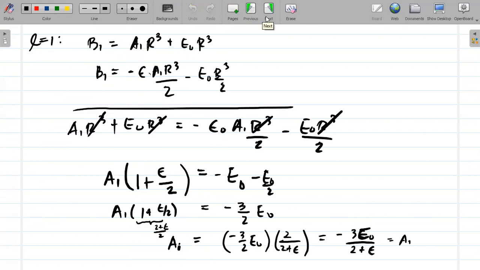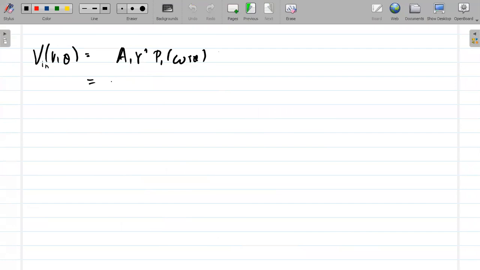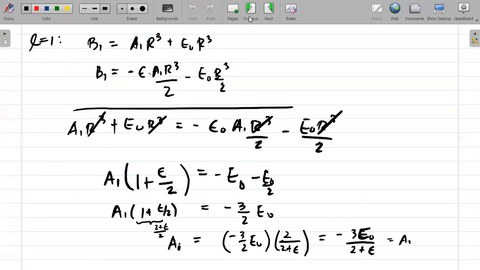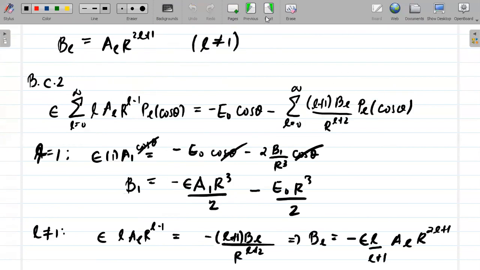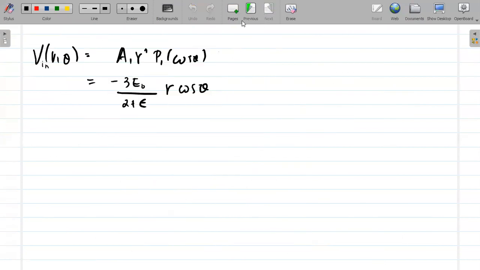Negative 3 E naught over 2 plus epsilon R cos theta. So yan. Actually, class, yan lang yung gusto nating hanapin, di ba? The question is, find the field inside the sphere. We know the potential. We can get the electric field.